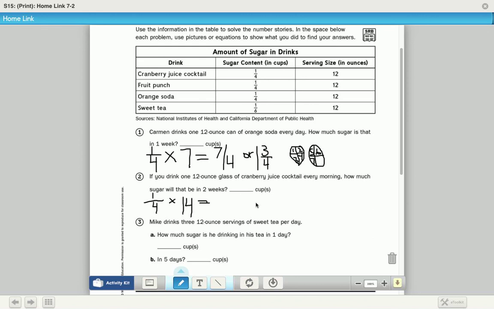So you could have done repeated addition, 1/4 plus 1/4, do it 14 times. Or you could draw a picture and 1/4 and draw those out 14 times. So if you did repeated addition, you probably came up with 14/4.